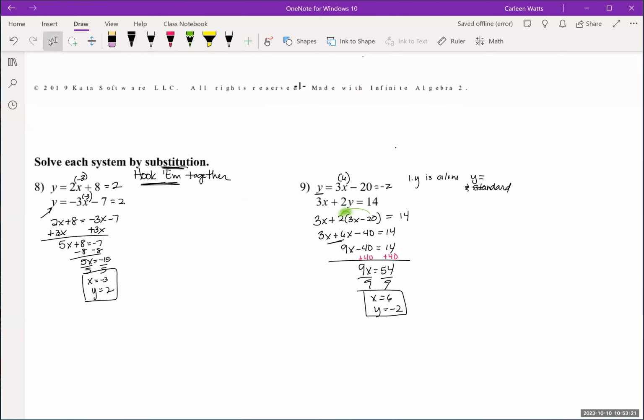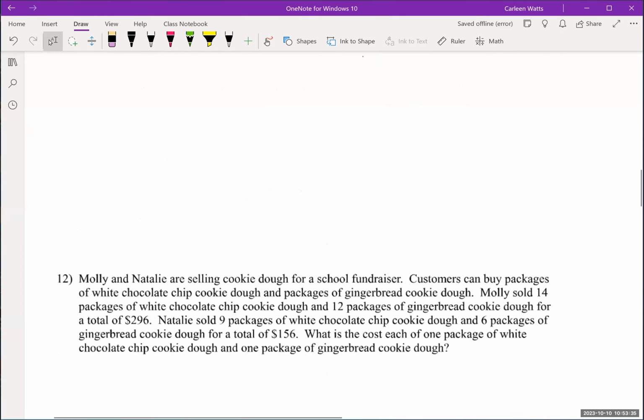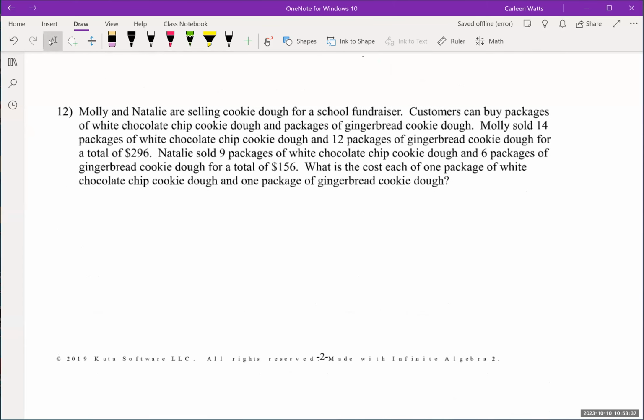Okay, so we have elimination, which is everyone's favorite. Substitution, hook them together. People still don't mind that one. And then substitution, 1y equals 1 standard form. Notice we're not really learning anything new today. So I'm going a little bit faster.